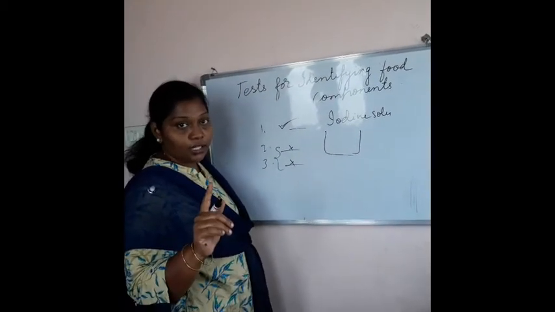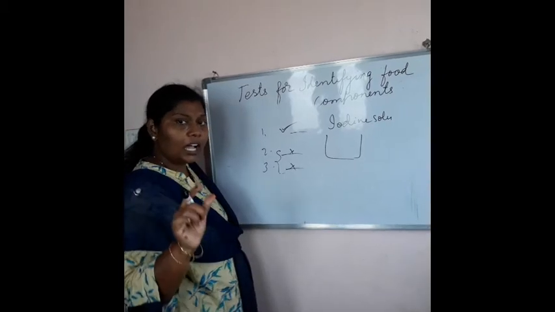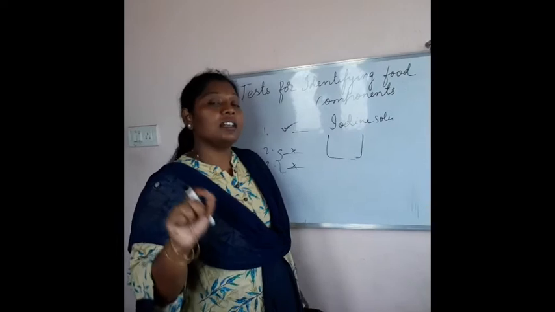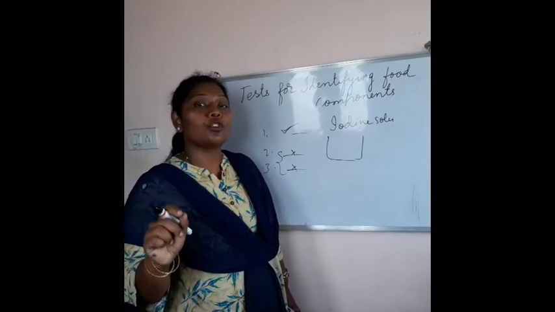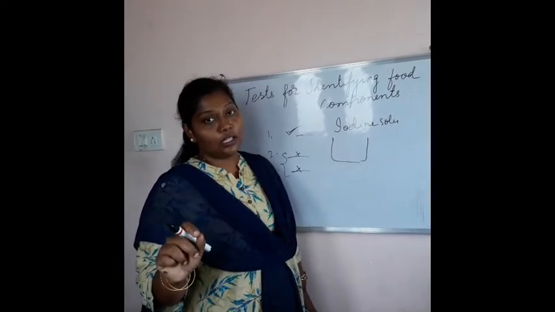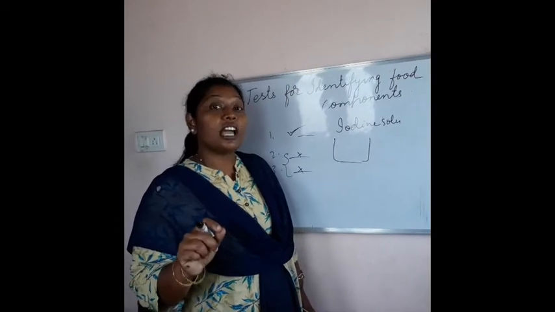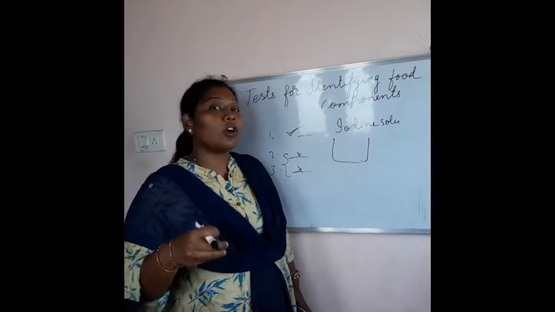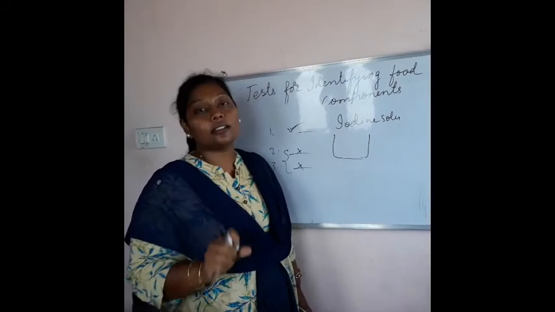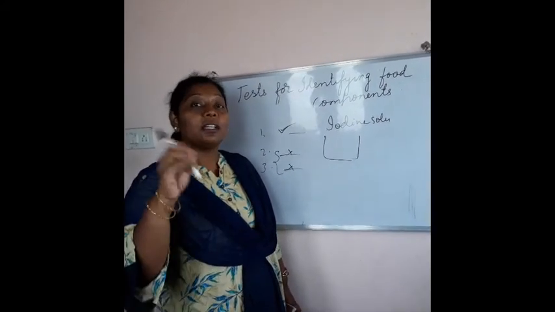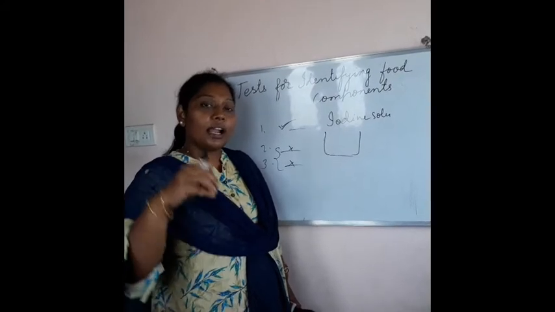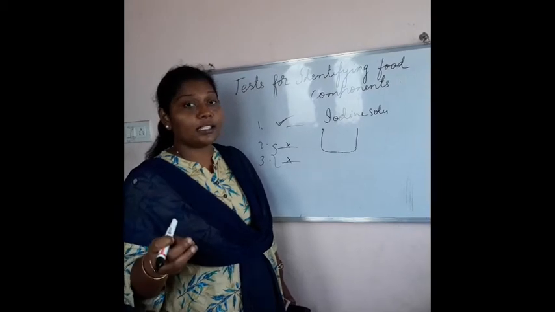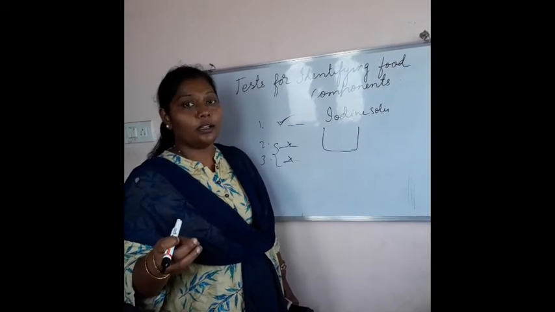Have you understood, children? So the carbohydrates can be identified by adding a few drops of iodine solution. Dilution means nothing but adding more water into the thick solution. What will happen? It will become light. After preparing the light solution, only then can you use it as a testing liquid.